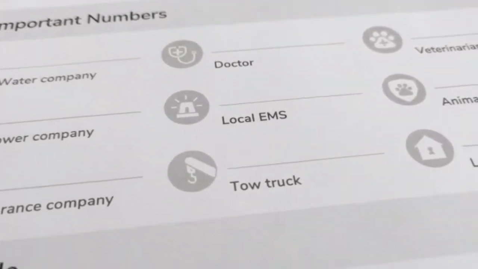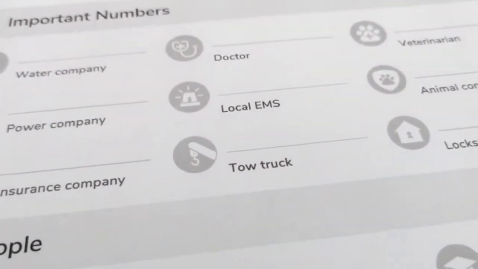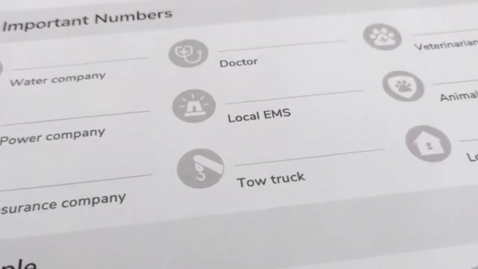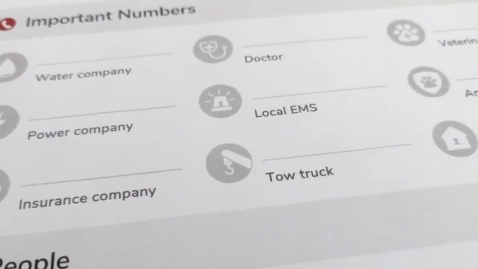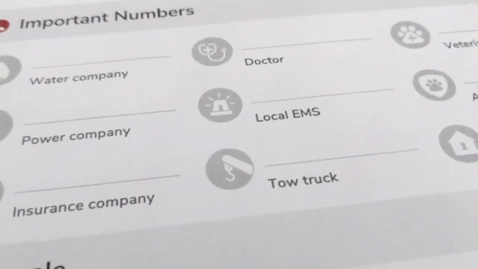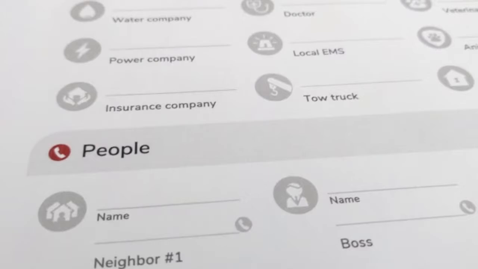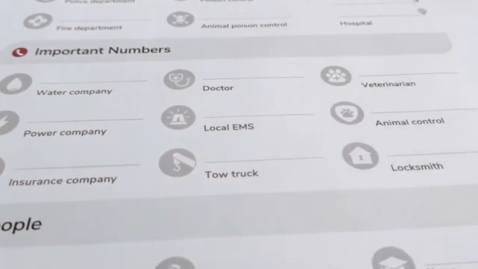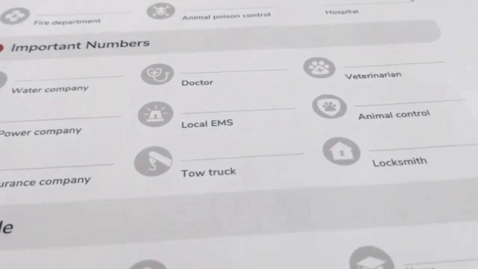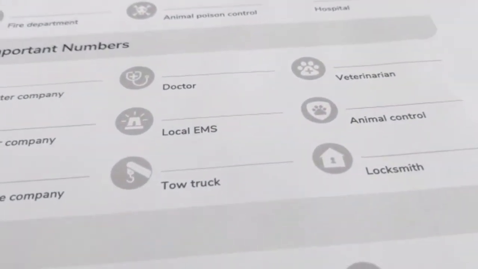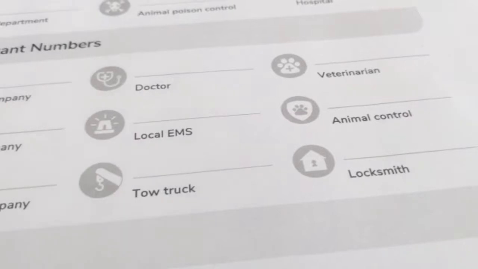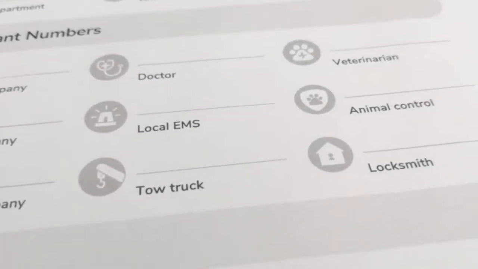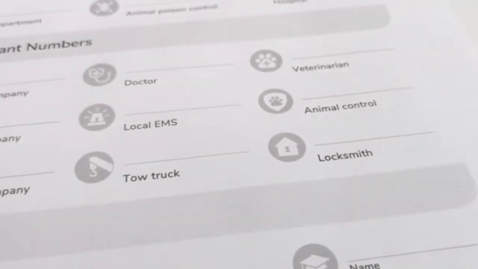And then a tow truck is also a good number to have in case your car breaks down and needs to get fixed, or it's not starting, you can call them and they can get it sent to a repair shop. So veterinarian, if you have a pet and you wanted to get them checked out, you can have a phone number for them there.